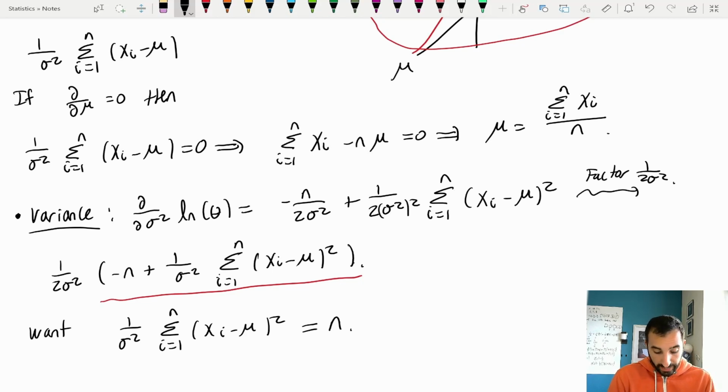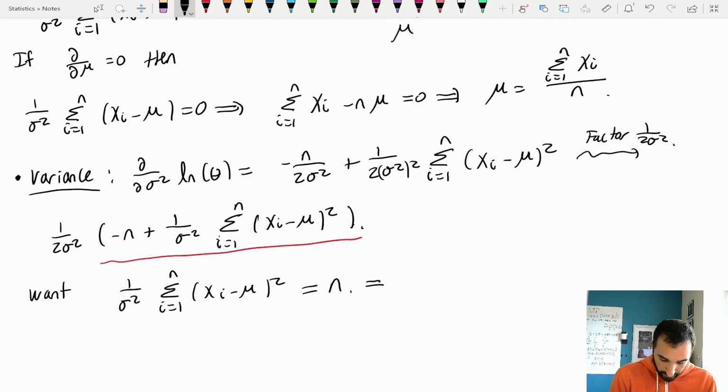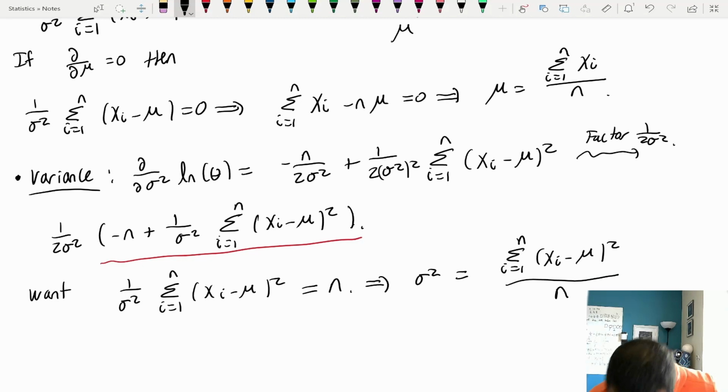Because if I have this, then that term on the right equals n, and that will cancel out with this minus n. And from here, it's straightforward. We see that sigma squared is equal to the summation as i goes from 1 to n of xi minus mu squared over n.